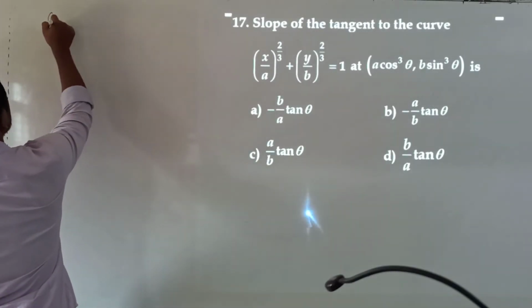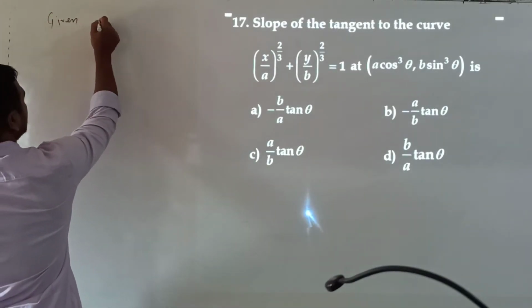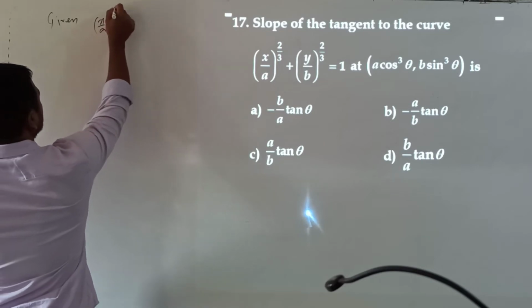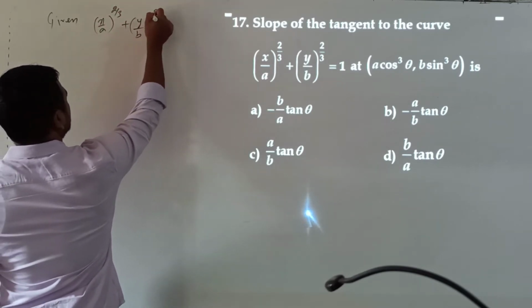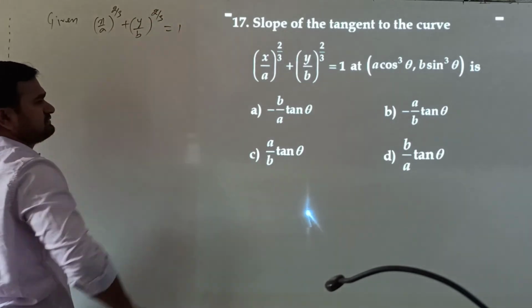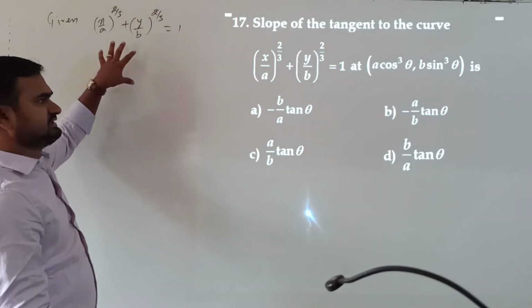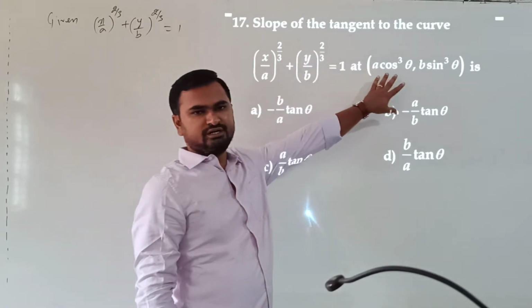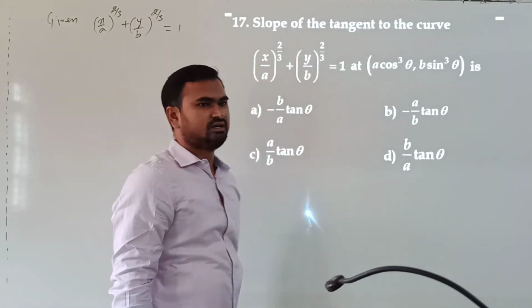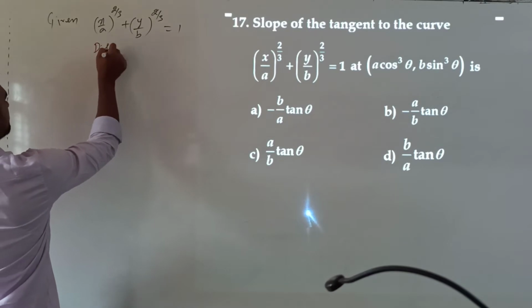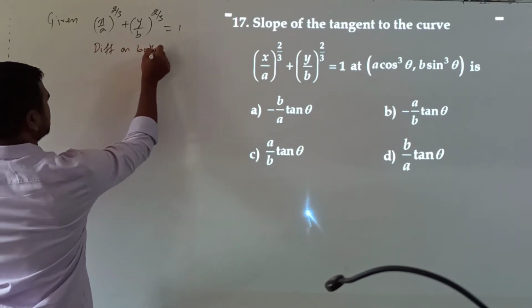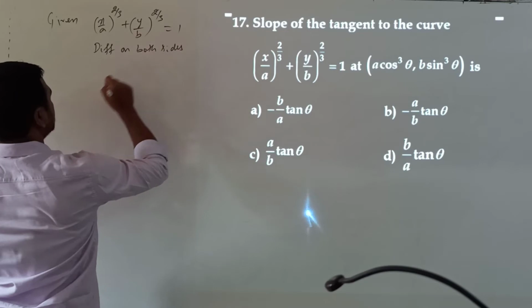So the given curve is (x/a)^(2/3) + (y/b)^(2/3) = 1. So let's differentiate this and then substitute the point, then we get the slope of the tangent. So differentiate on both sides with respect to x.